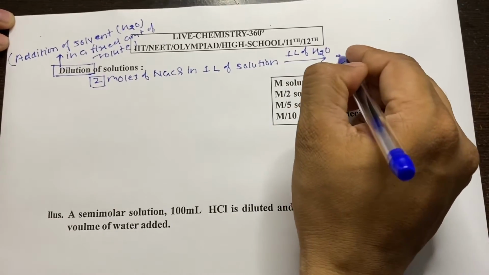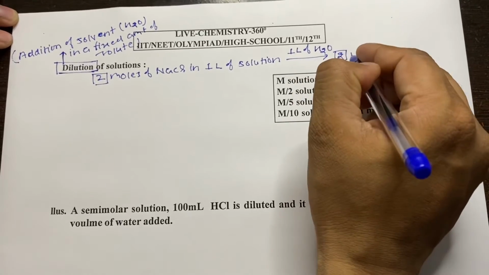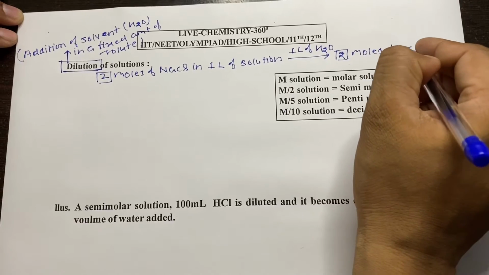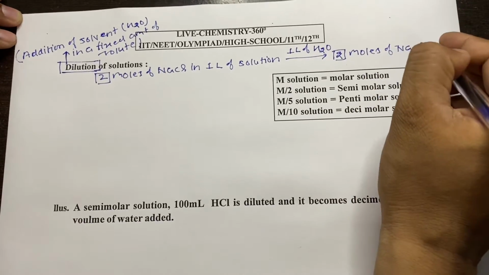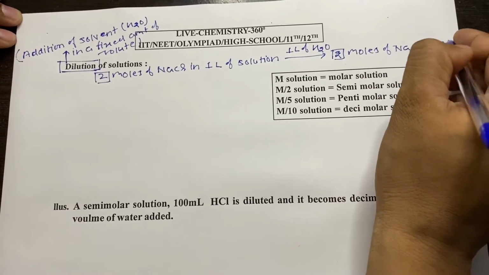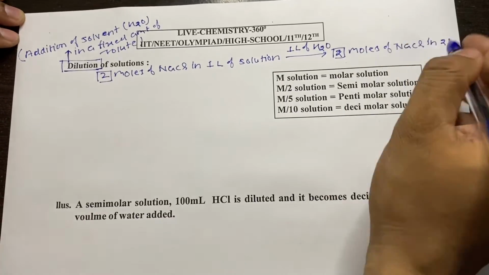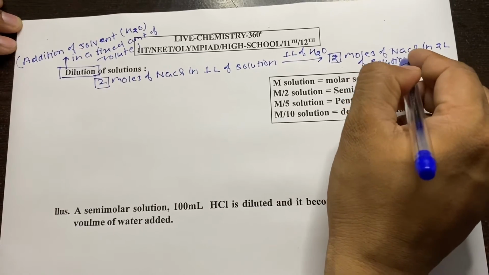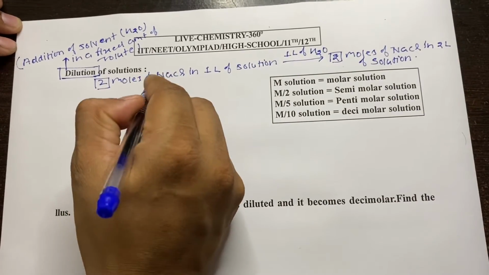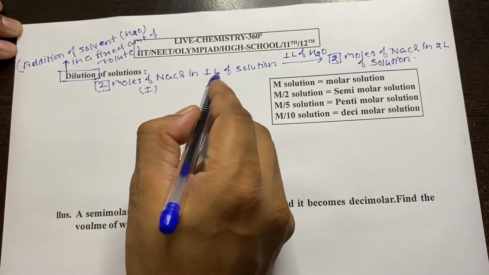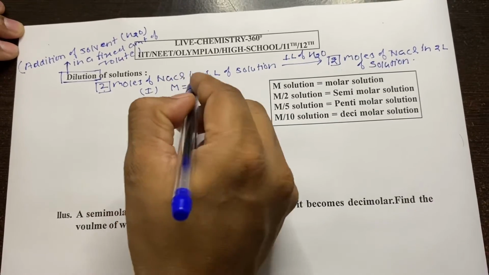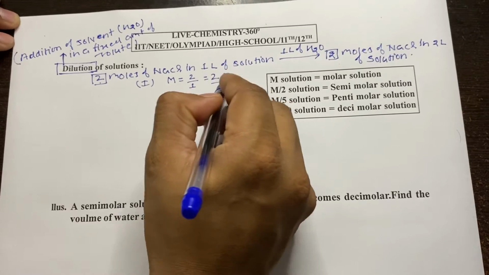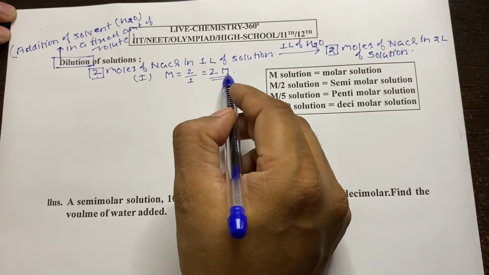So very obvious, in this condition still 2 moles of NaCl is present, but it will now be present in 2 liters of solution. In the first case, because 2 moles are present in 1 liter of solution, the molarity will be 2/1, that is equal to 2M. We can say that the solution is 2 molar.